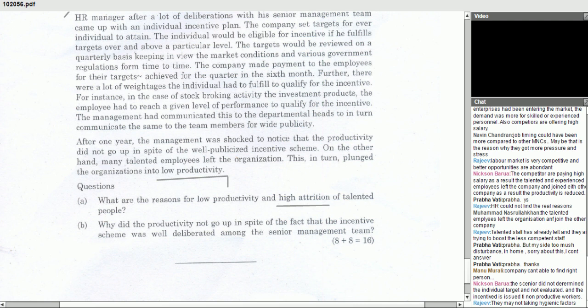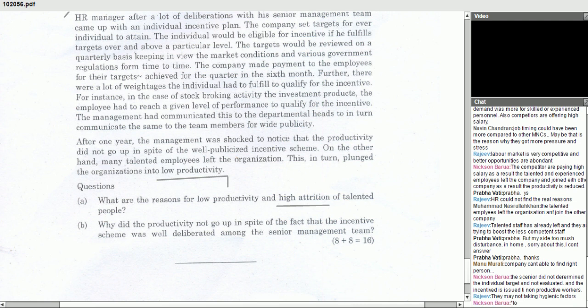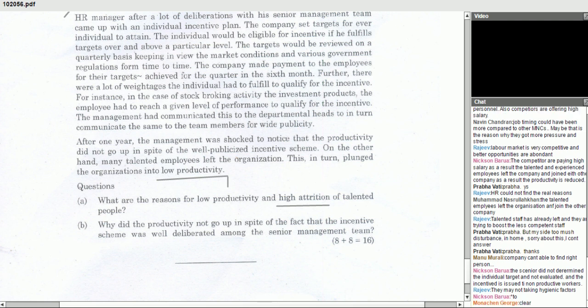So all of you responded correctly. Very good. So any questions till now? Does anyone want to ask any question regarding this case study? Or we move to the next thing? Any questions anyone has?